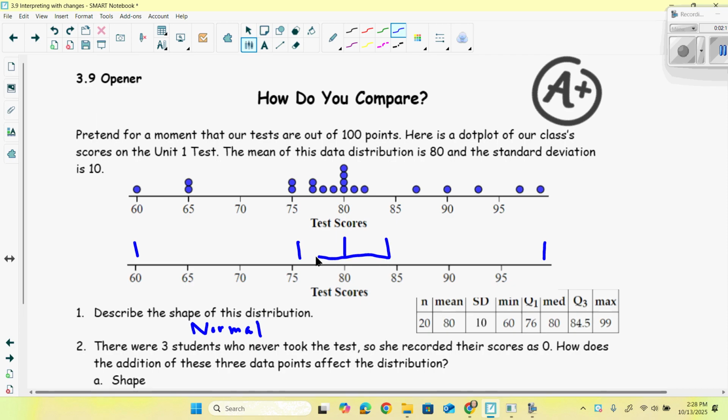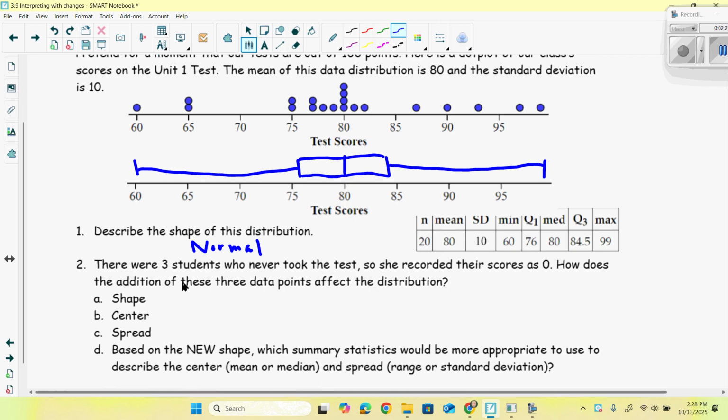And when we look at it in a box and whisker, it should look relatively normal. We'd be tempted to use the mean and standard deviation in that case. But if you'll notice, our median and mean ended up the same.